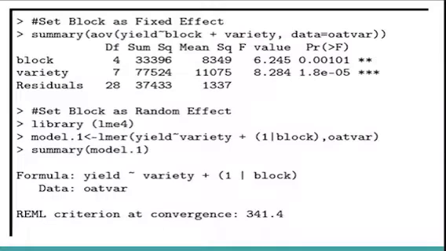Now, let's take a look at the effect here. You know what we're trying to do. We're actually considering one factor, and that factor is variety, and a blocking effect. The blocking effect that we're introducing is random, not fixed this time around. Now let me tell you this.